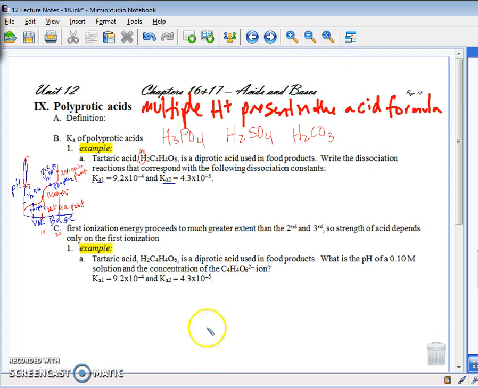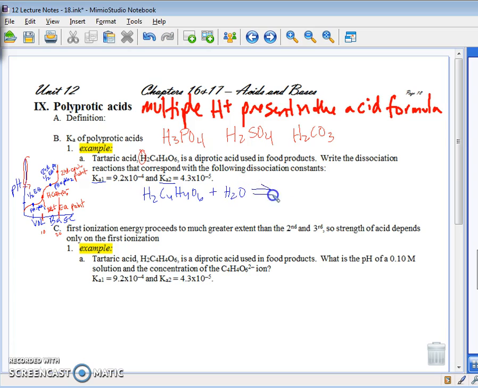Let's go back in time though. Let's do this problem. So first off, what are the two reactions that are possible as that tartaric acid hydrolyzes water? We have the first one, tartaric acid, H2C4H4O6.